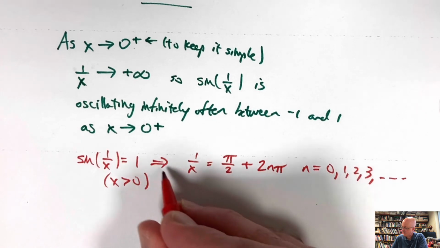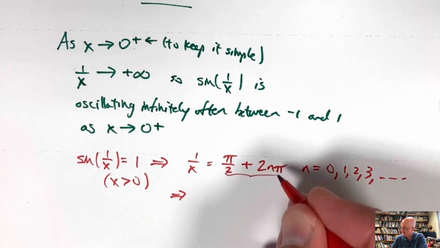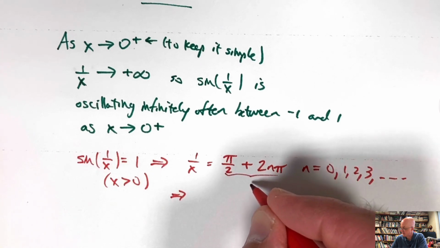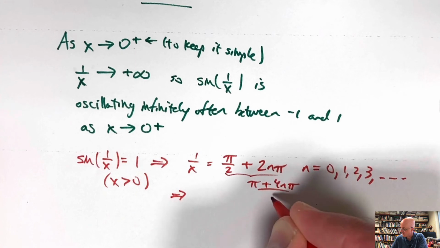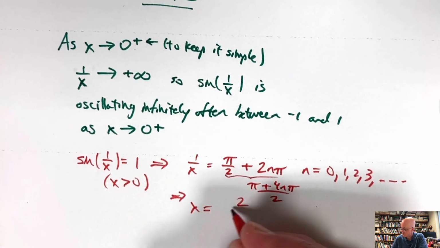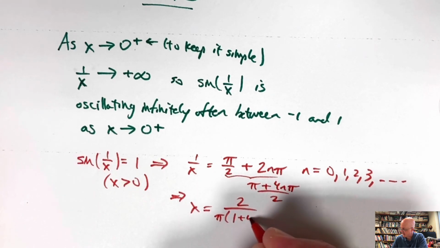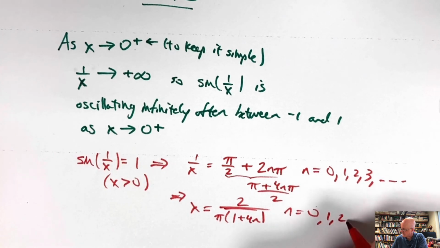And that would be, if I solve that for x by getting, first of all, a common denominator here of 2 pi plus 4n pi over 2. I can solve for x by taking the reciprocal of that. 2 over pi, I'll factor out the pi in the bottom, 1 plus 4n. n equals 0, 1, 2, 3, etc.